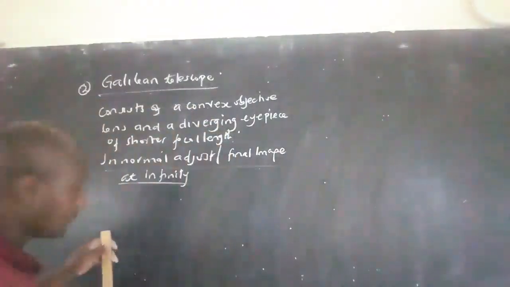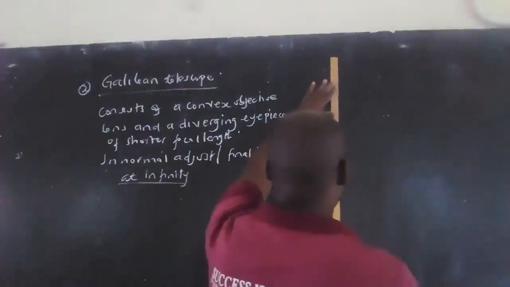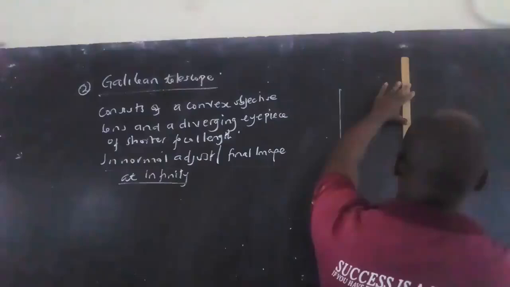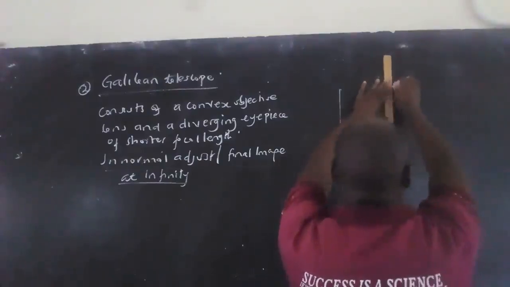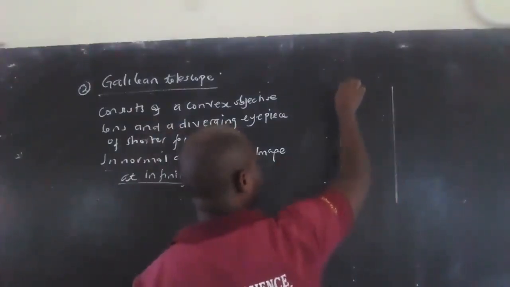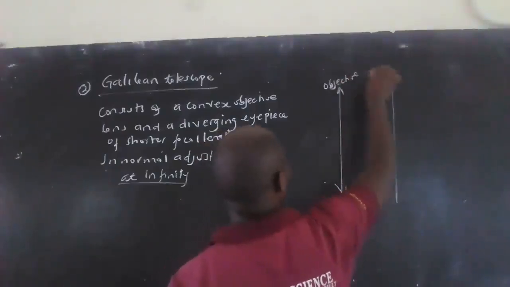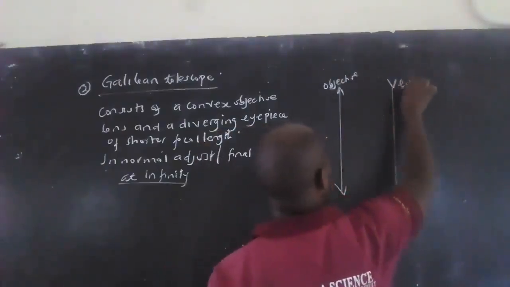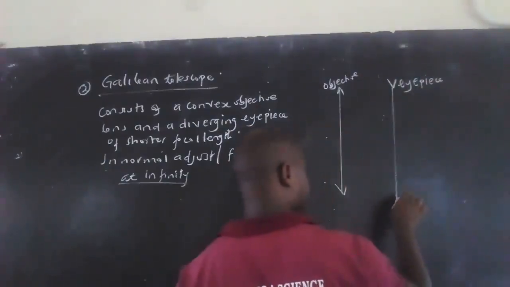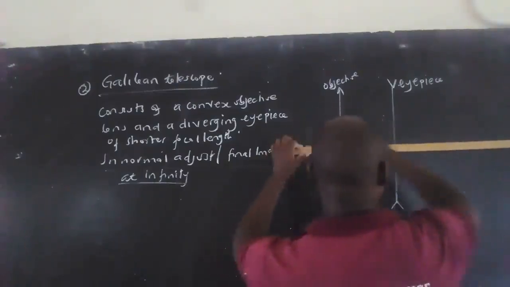So we can draw the diagram. Let's draw it here. So we have this and this. Okay? So we shall say this is objective, this is I1, that's eyepiece.